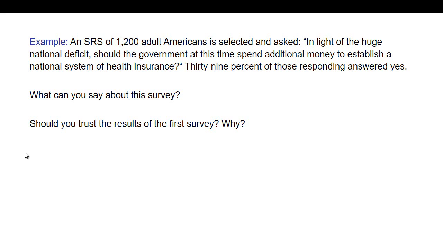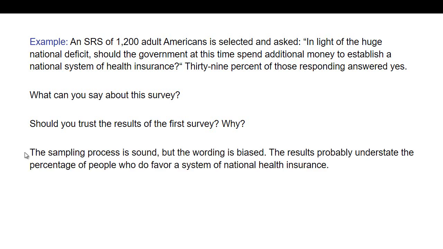When you start the question with the words huge national deficit, the responses will tend to be in favor of not having a national health care system. The sampling process here is sound, but the wording is biased. The results probably understate the percentage of people who do favor a system of national health insurance.